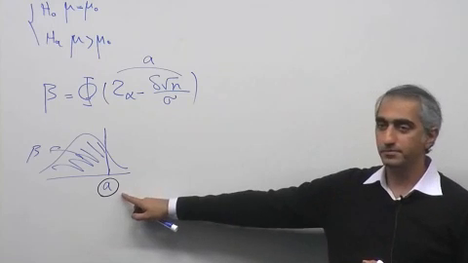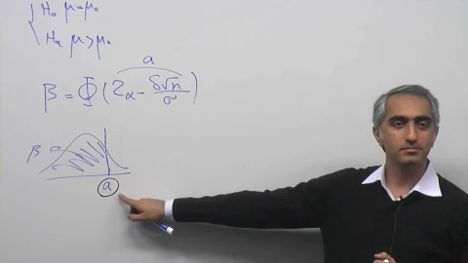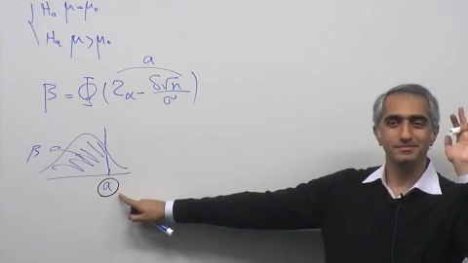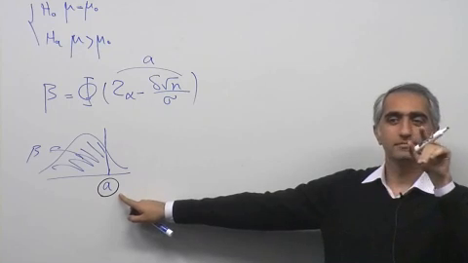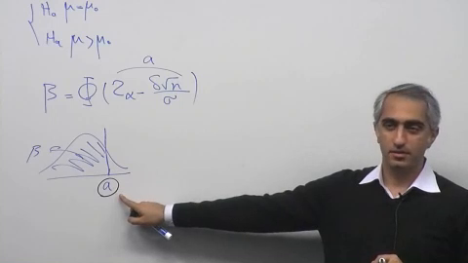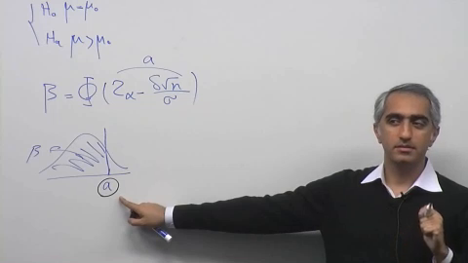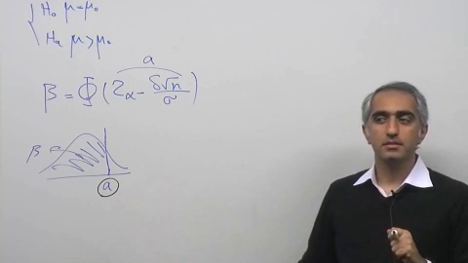Is it Z alpha? Everybody agrees? Raise your hand. Z alpha. How many? Only 3? 4? 5? Sorry. No. 1 minus alpha is the area, but that value, A, is Z alpha.